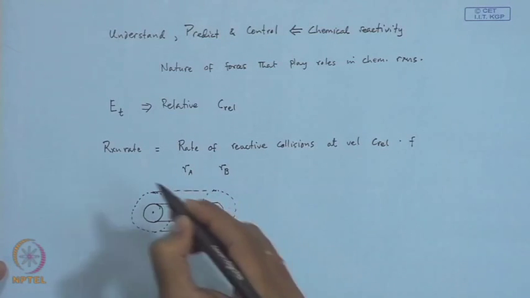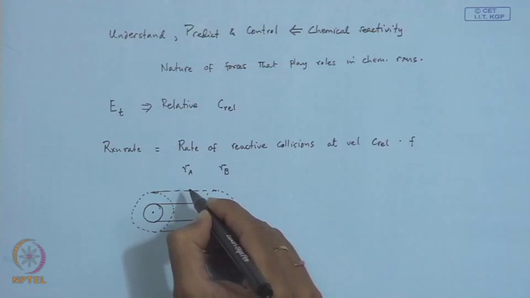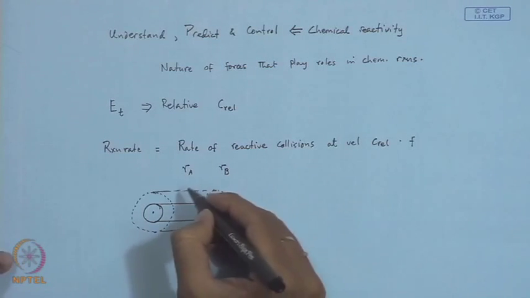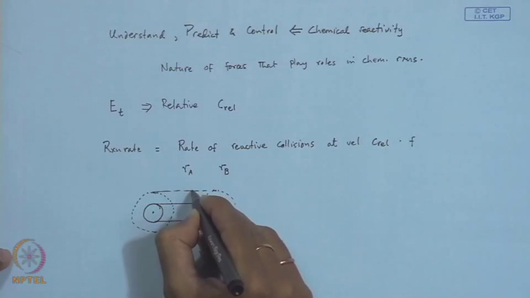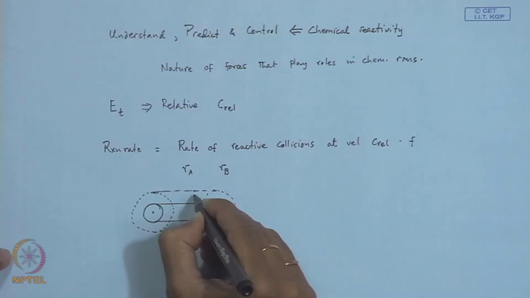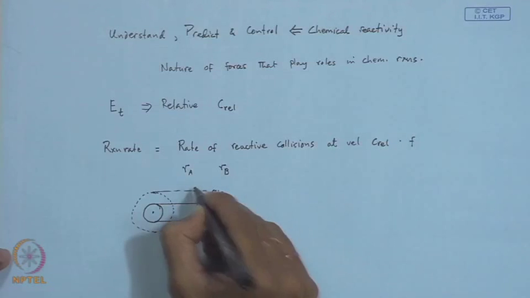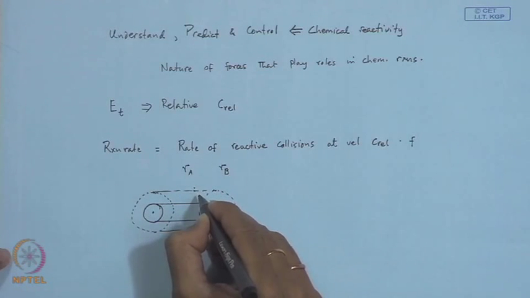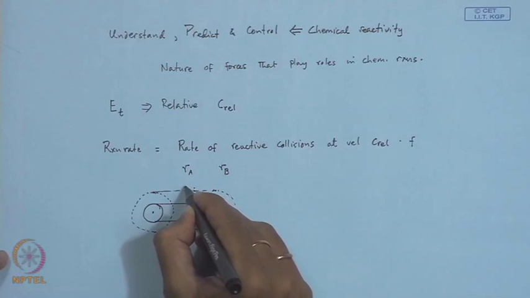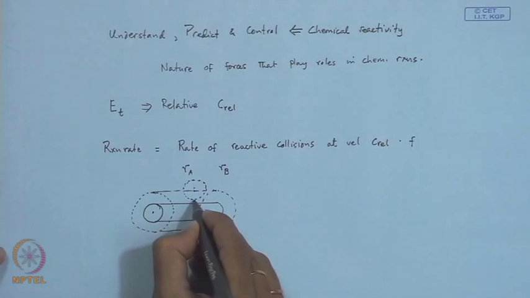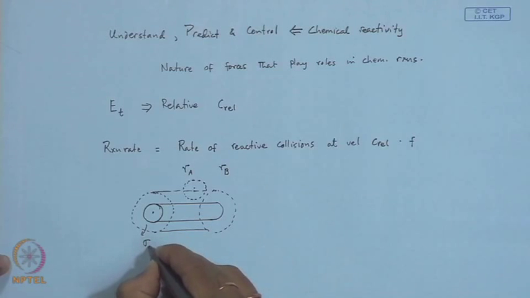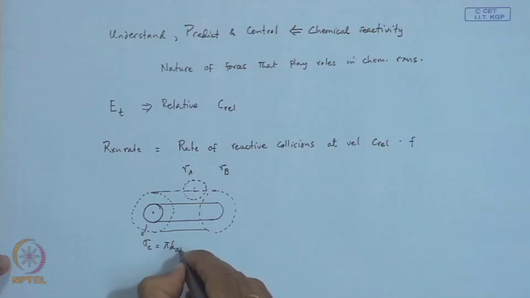If the second molecule or second atom, the reactant, has its center either here or inside, then there will be collision, but if it is just outside, then it is just a miss. So the collision cross section is sigma c, which is equal to pi d a b square.